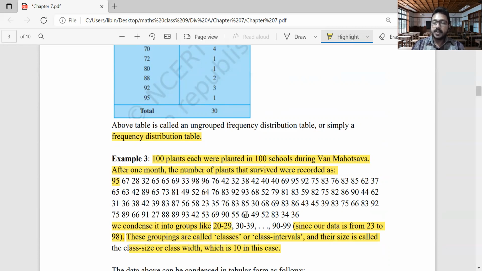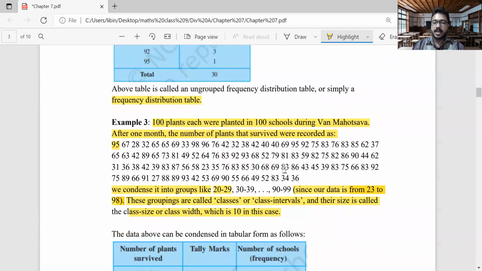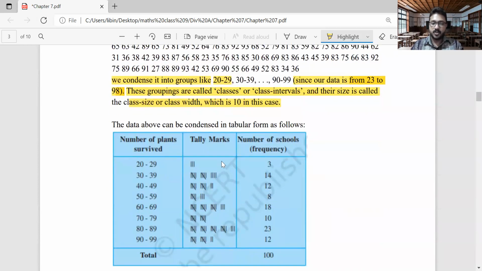And why have we taken 20 to 29 instead of 0 to 9 and then 10 to 19? There are no numbers between 0 and 9. Look at the given data, which starts from 23 and goes to 98. So this long and unappealing data is condensed into a tabular form like this.